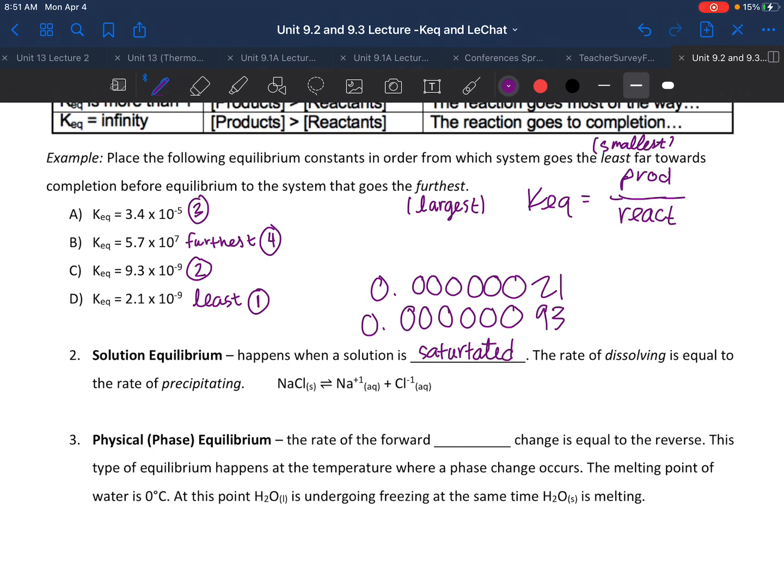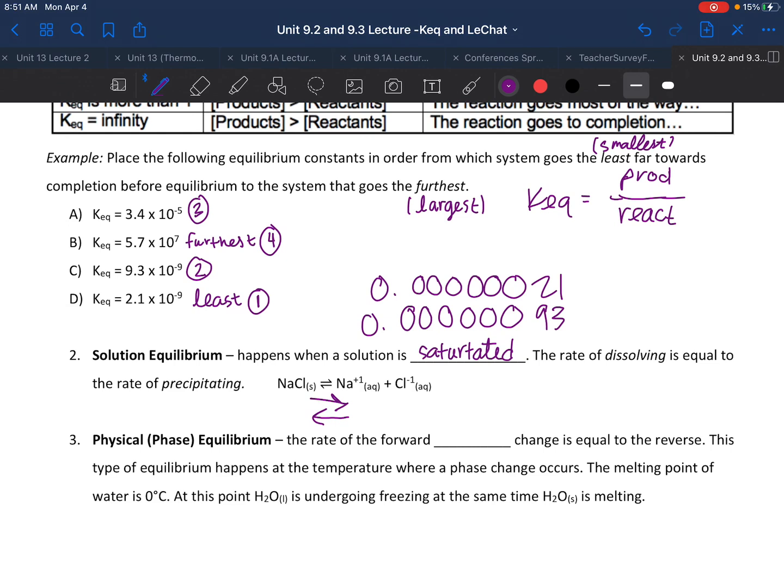It looks like the concentration wouldn't be changing. It looks like you have the same amount of little solid pieces of salt that haven't dissolved, but they're actually still moving. There's still some that are dissolving, and there's still some coming back into the solid, even though it looks like the same quantity.